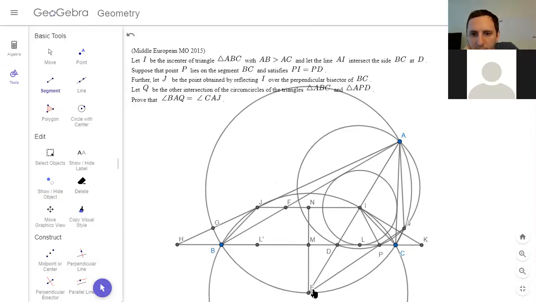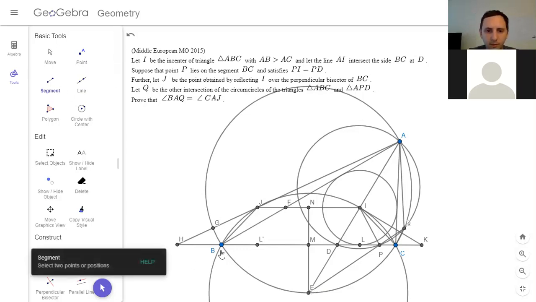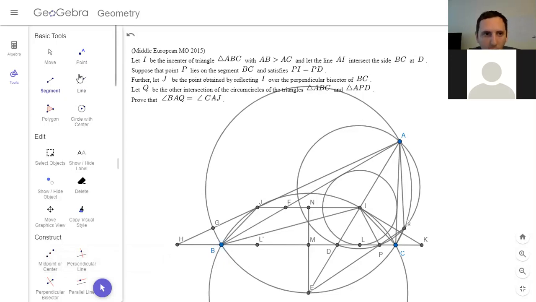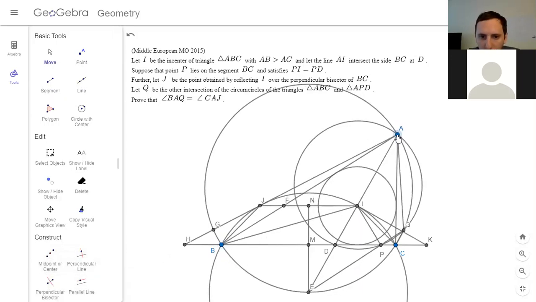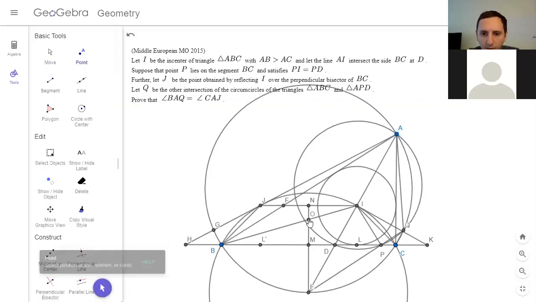Let's see. Can you let BI cut NM? Yes. I don't think they intersect on us. There we go. An intersection point.